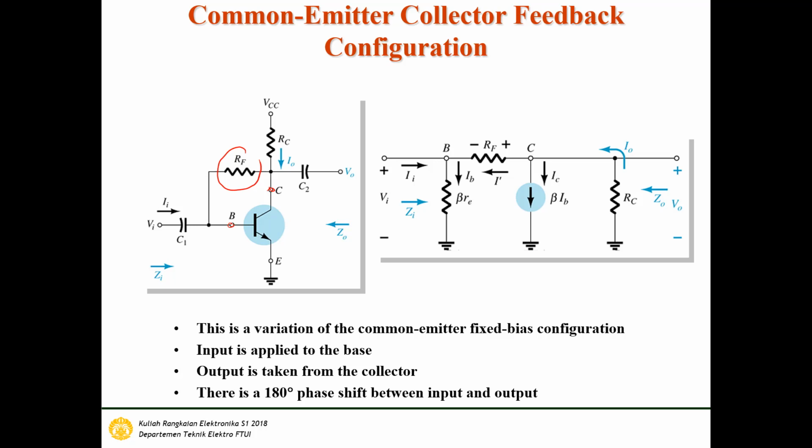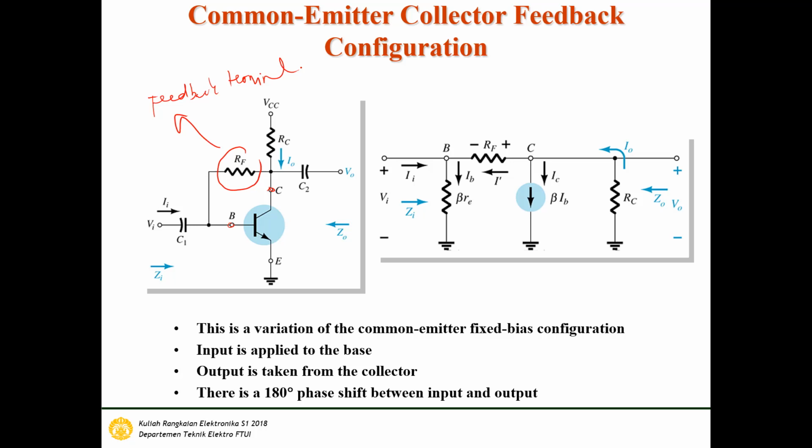In fixed bias, we connected the base resistor to the bias voltage. But here this is the feedback resistor to the collector terminal. And then the input is applied to the base, and the output is taken from the collector. And then there is a 180 phase shift between the input and the output.